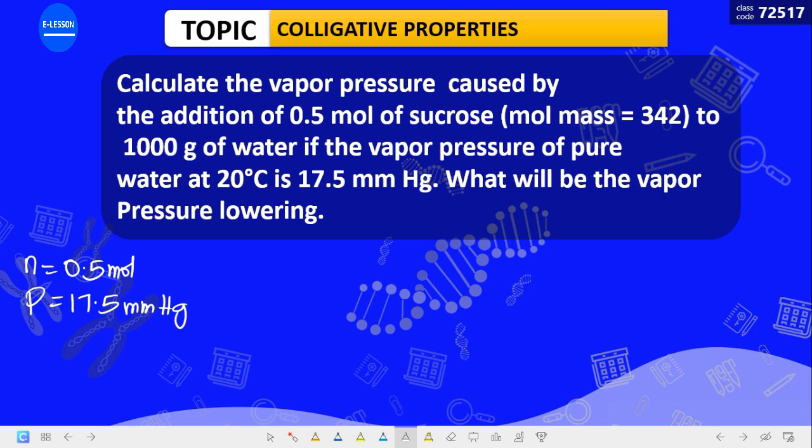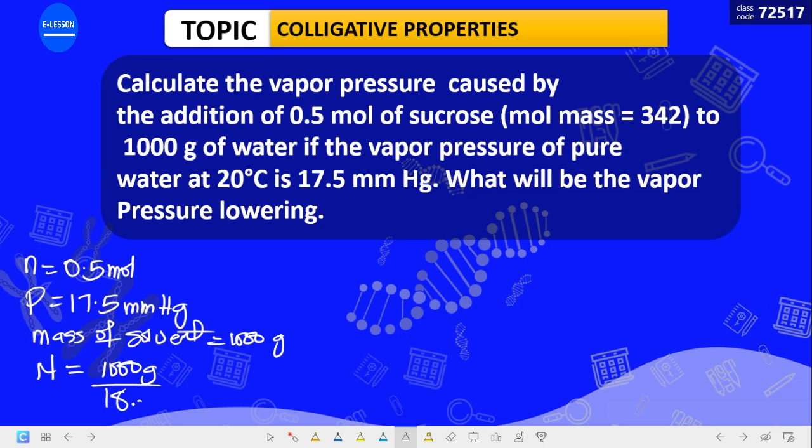Now, you are given the mass of water, which is the mass of the solvent, was given as 1000 gram. But you can calculate the number of moles, because what you are looking for is the number of moles of the solvent. So the number of moles of the solvent is mass over molar mass, which is 1000 for water divided by 18.